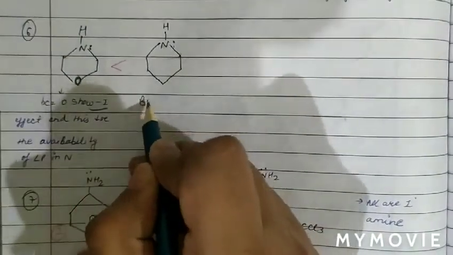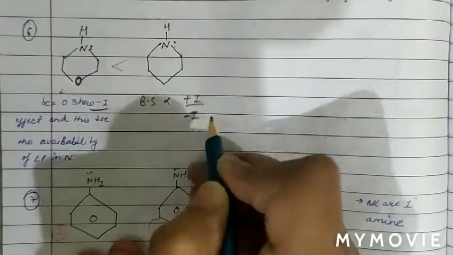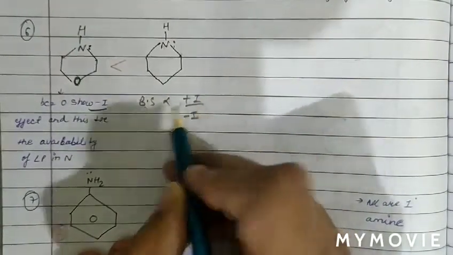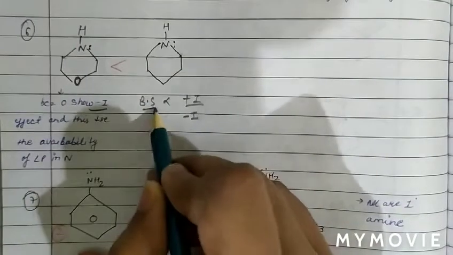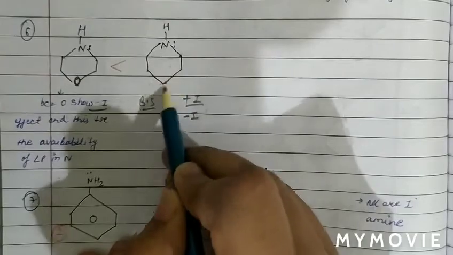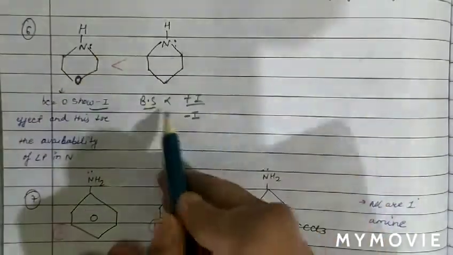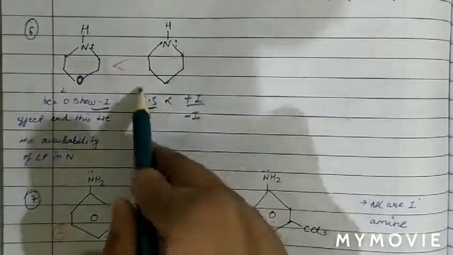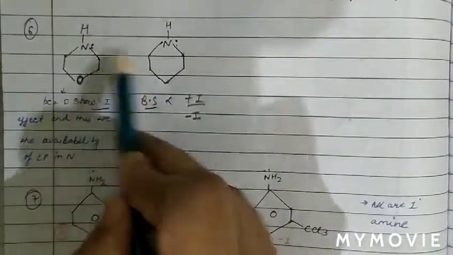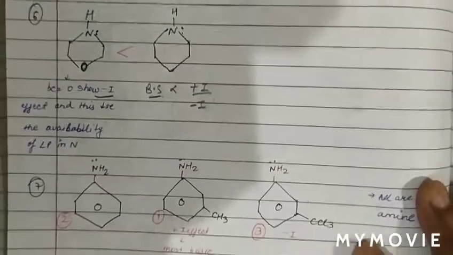We know basic strength is directly proportional to plus I and inversely proportional to minus I. Minus I decreases the basic strength because there is an inverse relation. But here there is no minus I group, only a plus I group. So the minus I group will decrease the basic strength, so it is less basic and this is more basic.